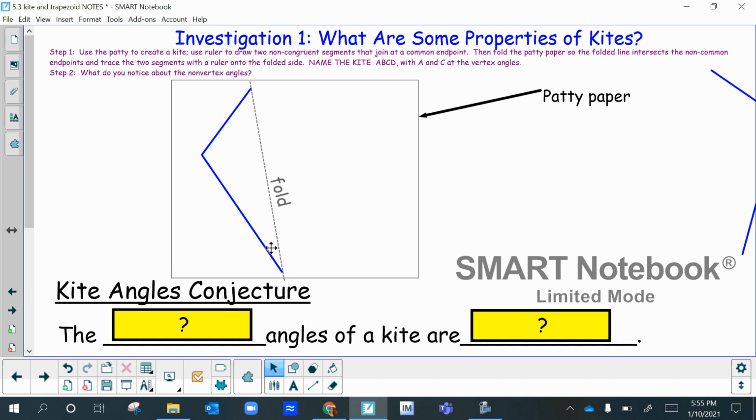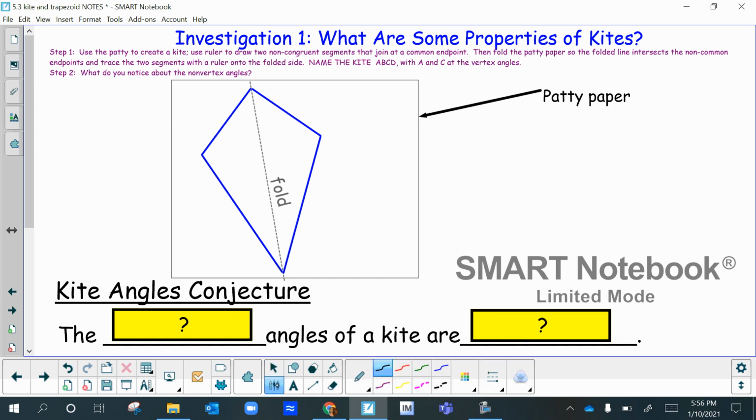Then you're going to fold that patty paper along the two endpoints like so. When you fold it over, you can see these two lines through the tracing paper. You're going to trace those two segments, and once you open it up, it should look something like this.